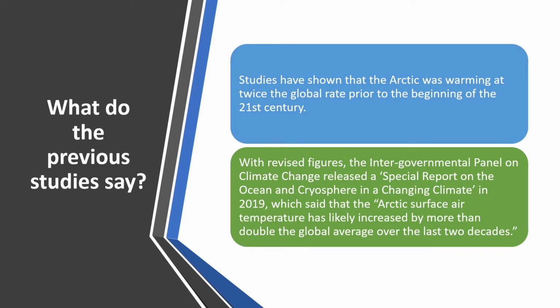Now, what do the studies say? Studies have shown that the Arctic was warming at twice the global rate prior to the beginning of the 21st century. Now, the current report, named Special Report on Ocean and Cryosphere in Climate Change, also says that Arctic surface air temperature has increased by more than double the global average.